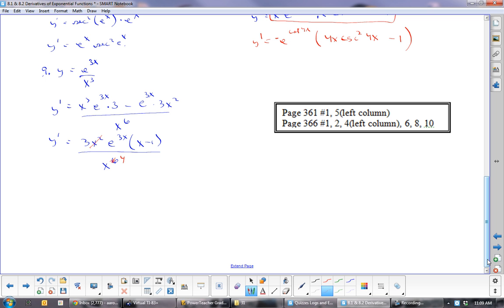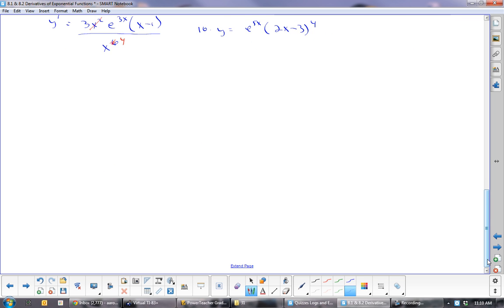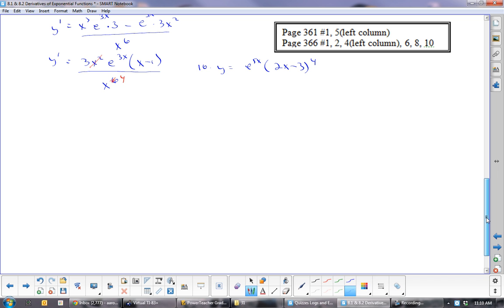Okay, let's just do one more. So let's do number 10 here: y equals e to the 5x times 2x minus 3 to the 4. So these aren't any more difficult than the ones you've done before.